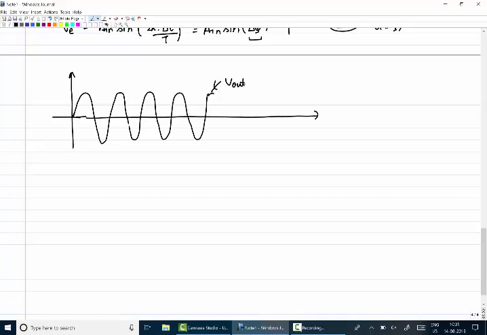Okay, and I am sampling with a clock which is, let us say, 2 times lesser than my input V out frequency. So V out, let me call this period T out. My sampling period is twice the V out period.